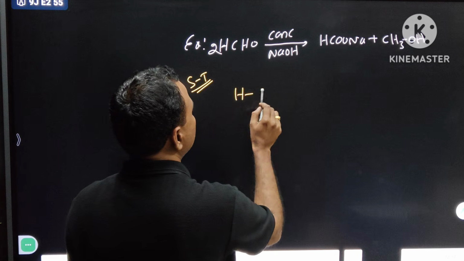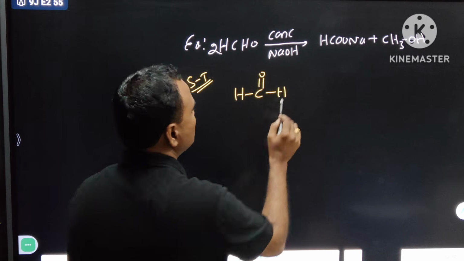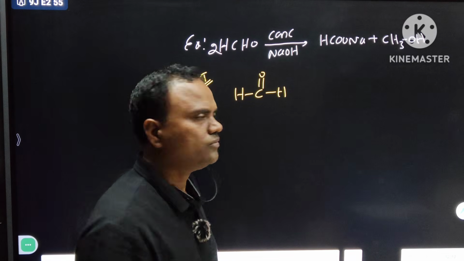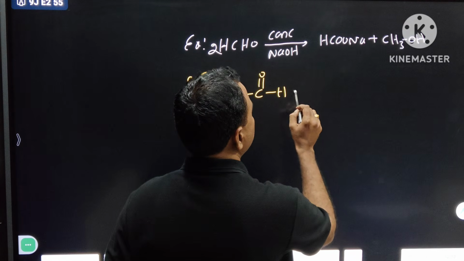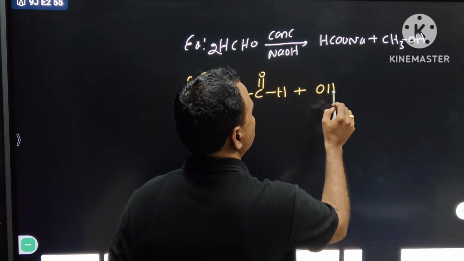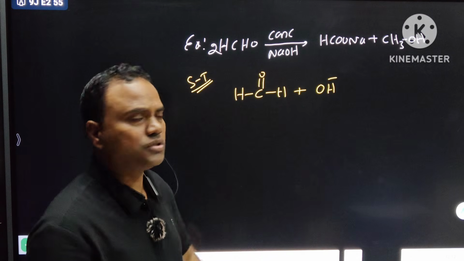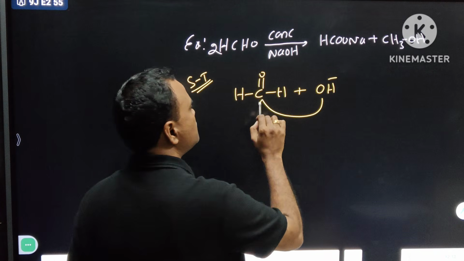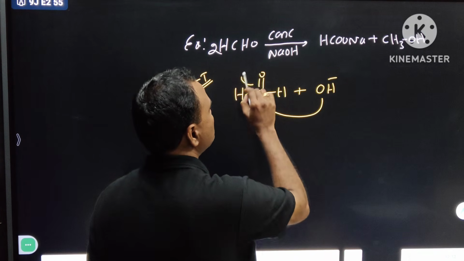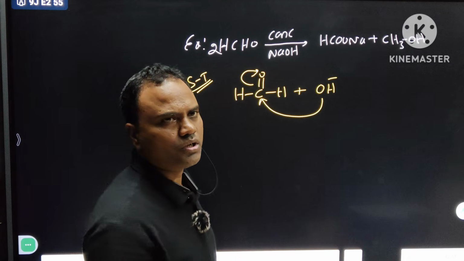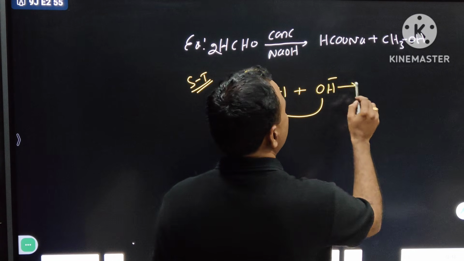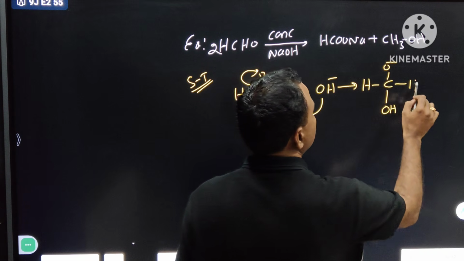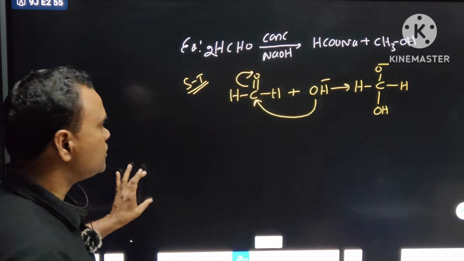I took two molecules here, but first I am taking only one molecule and adding OH minus. What is the source of OH minus? NaOH. This negative charge attaches to carbon. At that time, the pi bond shifts onto oxygen to give H, C, O negative, OH and H.